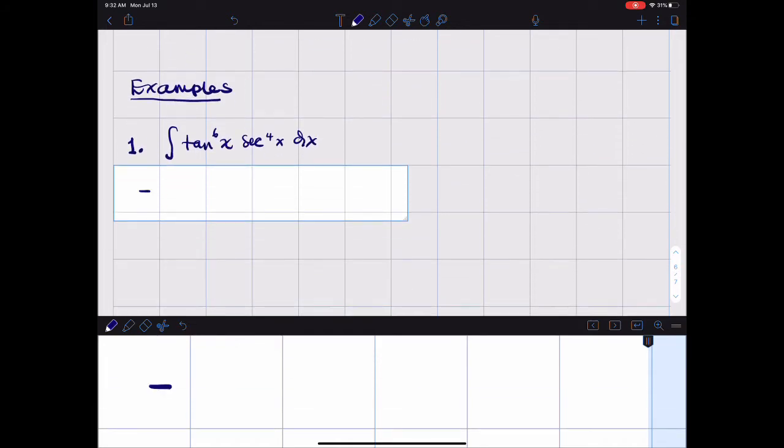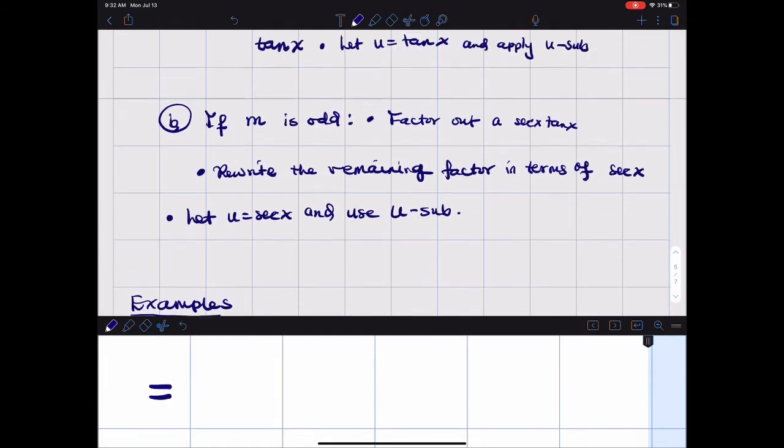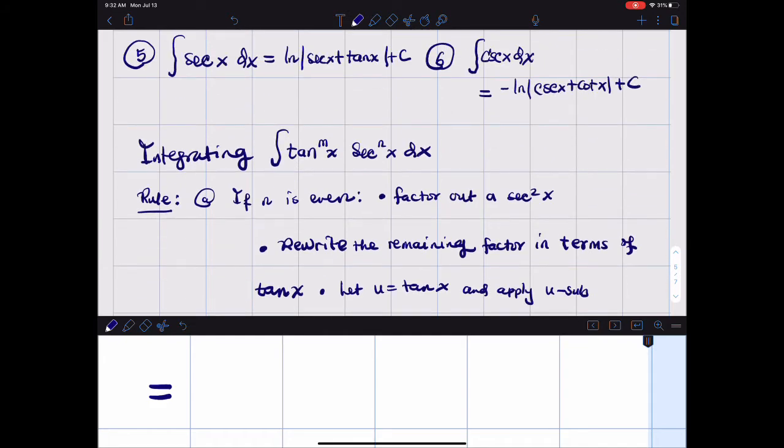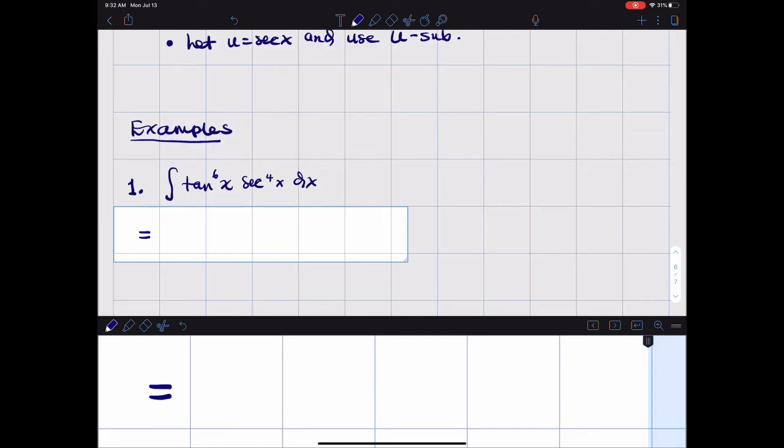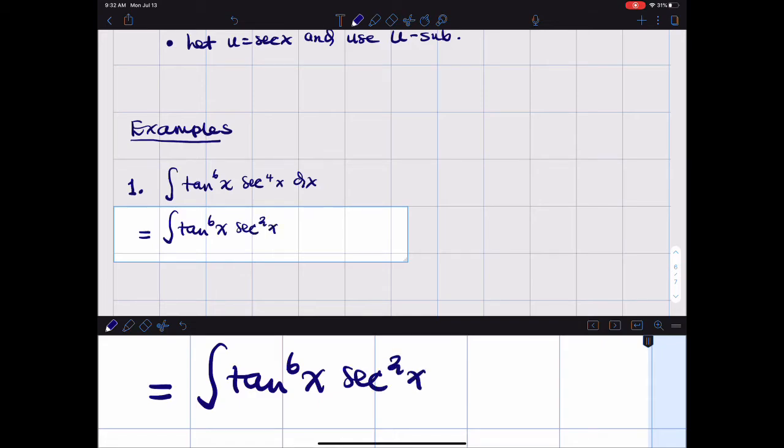All right. So in this case, n is even. So the power of secant is even. So what do we do? We factor out a secant squared x. So we're left with secant squared x dx.